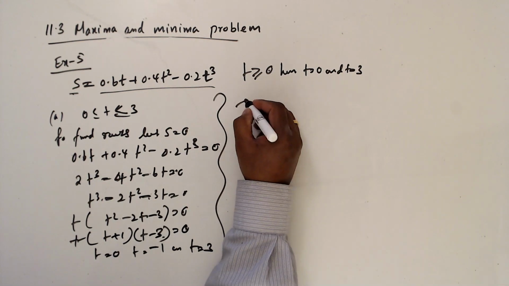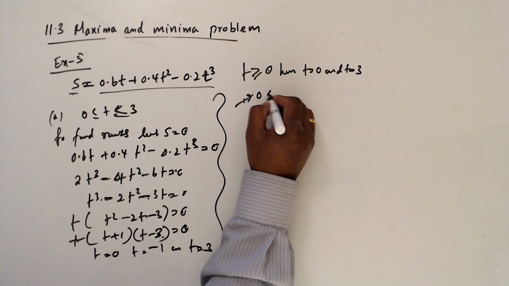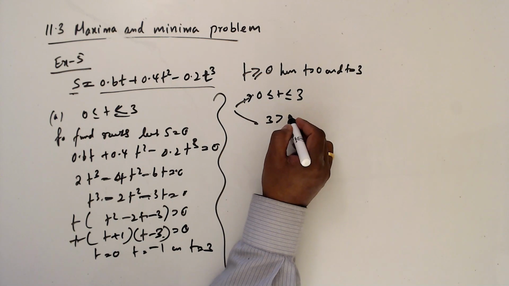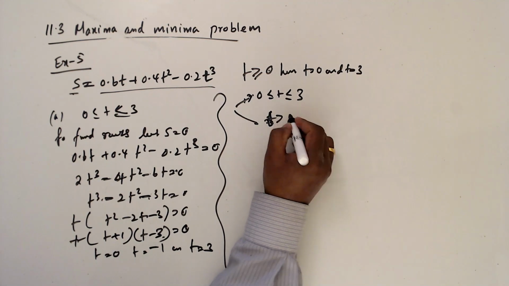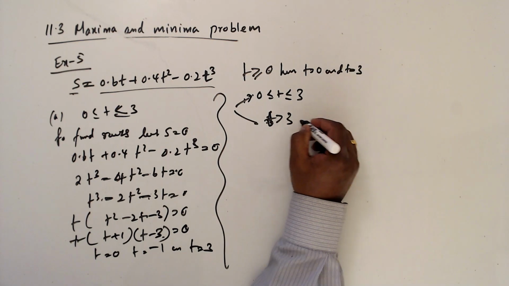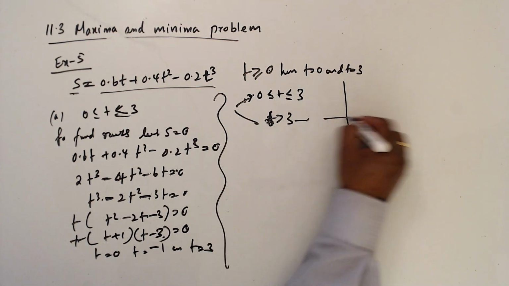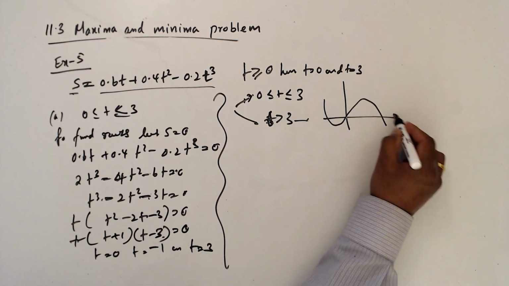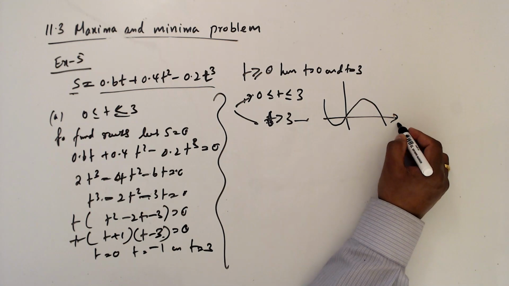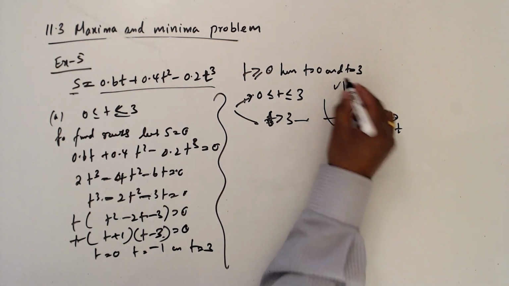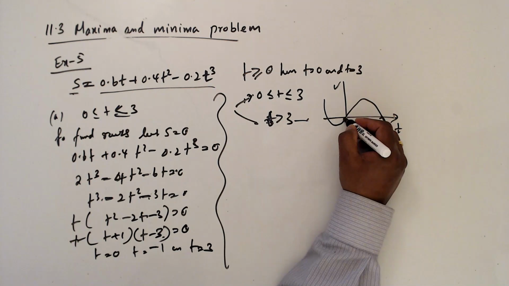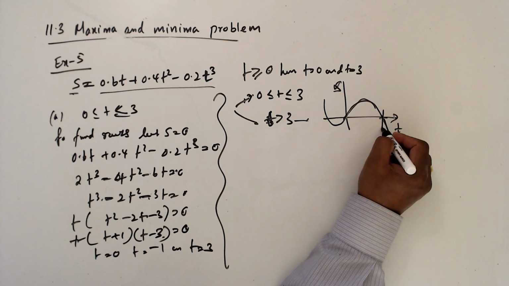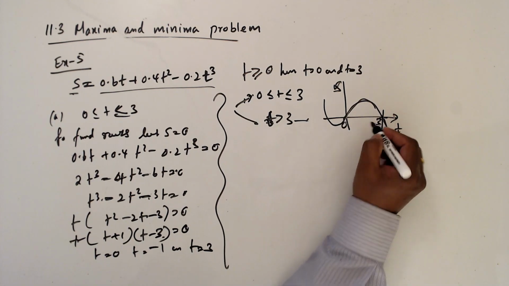Now we have two options. One option is 0 less than t less than 3. The other one is t greater than 3. So we have to show that this is failing. When you draw this graph, since this is distance s, this point is 0, this is 3, and this is minus 1.